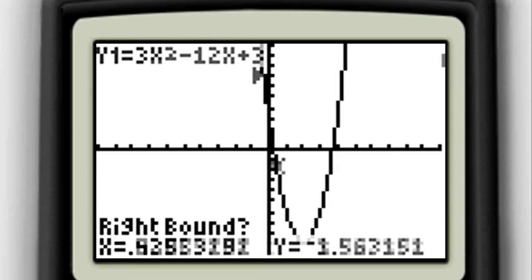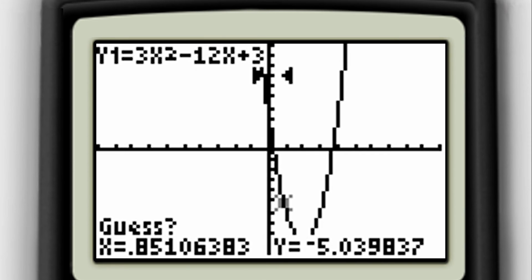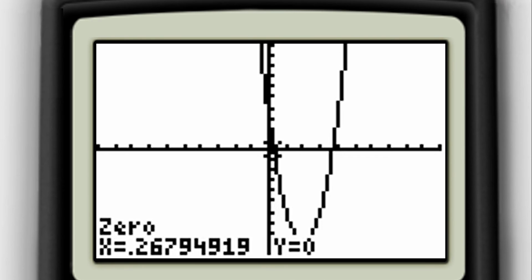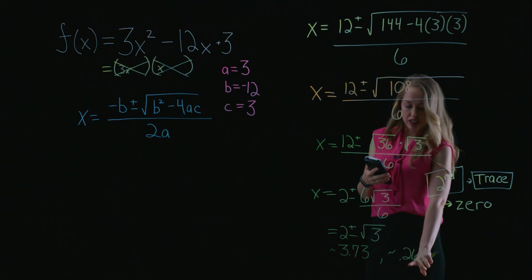The graphing utility will then prompt me and say right bound. I move my cursor along just to the right-hand side of that 0. Press enter again, and it gives me in the bottom corner that approximate 0. We notice that it gives me 0.267949919, which does fit our 0.268.